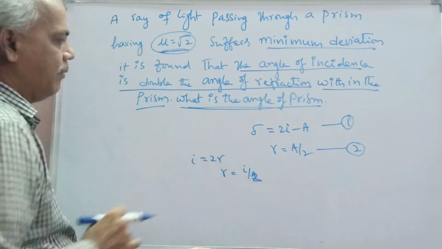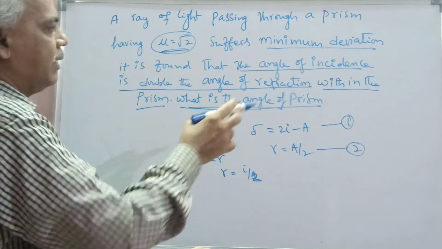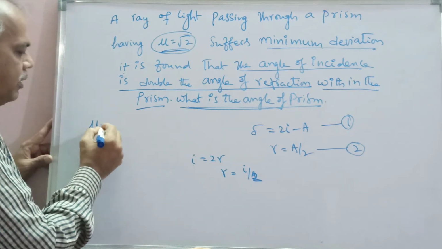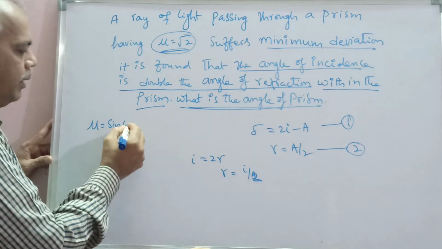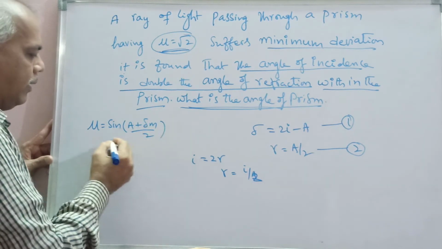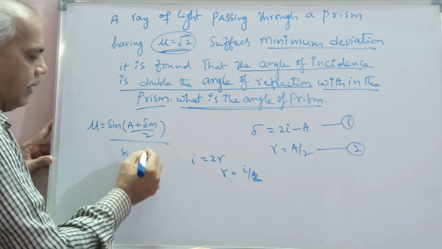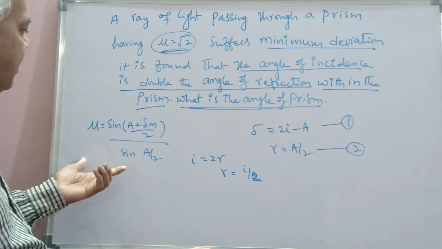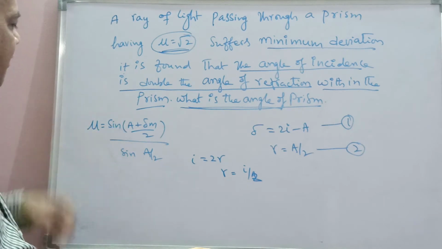So it is given. Then what is the angle of prism? We know the formula mu is equal to sine of (A plus δm) by 2 divided by sine A by 2. From this we can find the angle of prism.